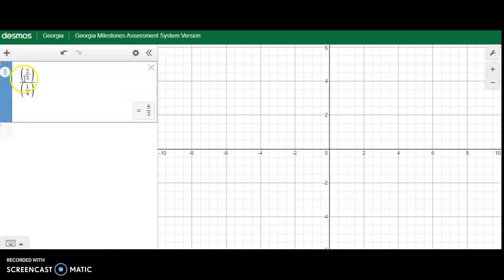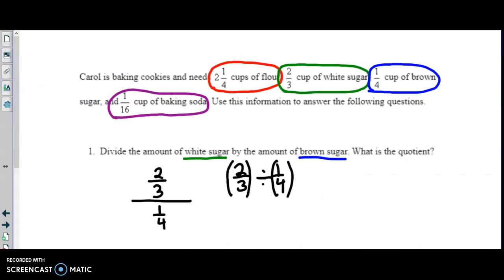And this tells me that it's 8/3. Actually, I'm going to write down all the ways we could write our answer. It could be 2.67 if we round it, or 8/3. This equals 2.67 cups, or it equals 8/3 cups, or we can convert that to a mixed number. We can say how many times does 3 go into 8?